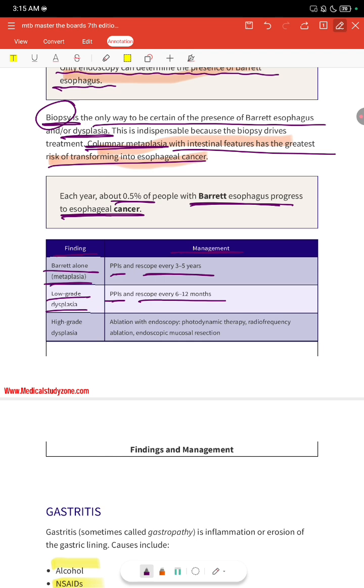We rescope every 6 to 12 months, not every 3 to 5 years, because there is now a bigger chance of its transformation to esophageal cancer. And how about high grade dysplasia? You go for ablation with endoscopy, photodynamic therapy, radiofrequency ablation, and endoscopic mucosal resection. So you go for the removal of the root problem.